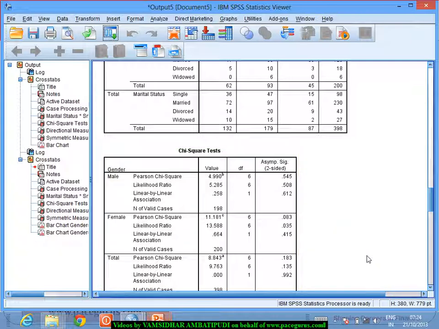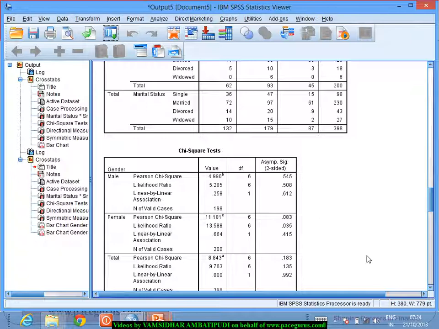Which means across the space there is not much of a relationship. There is a uniformity in the smoking levels across all types of people, whether it is single, married, anyone. In both males as well as females, there is more or less a statistical uniformity. There is no statistical difference.